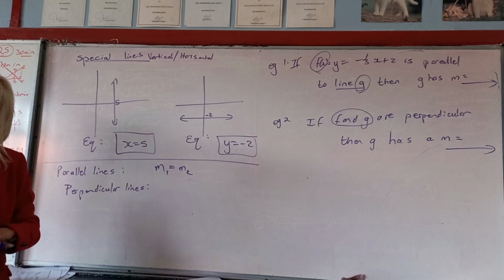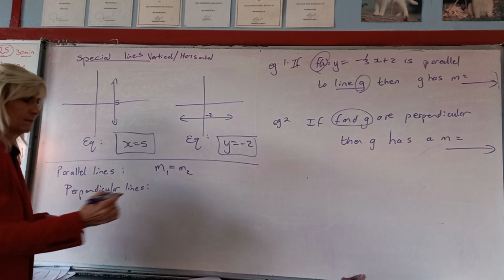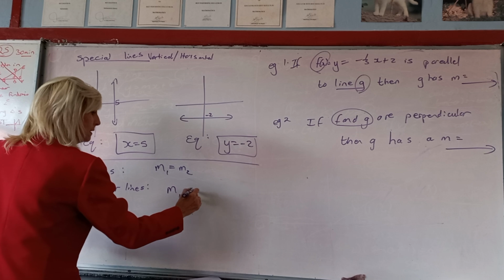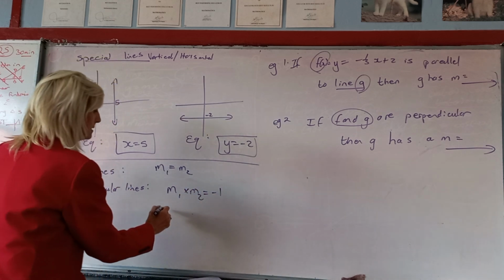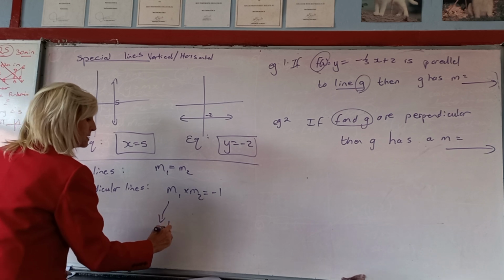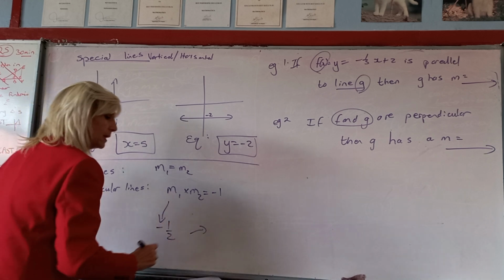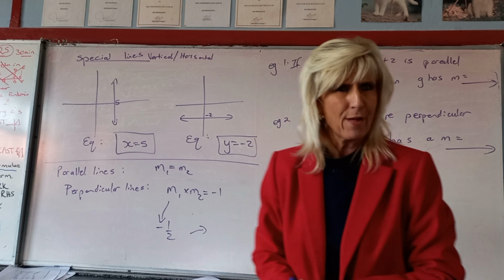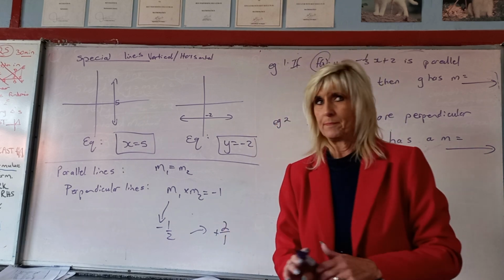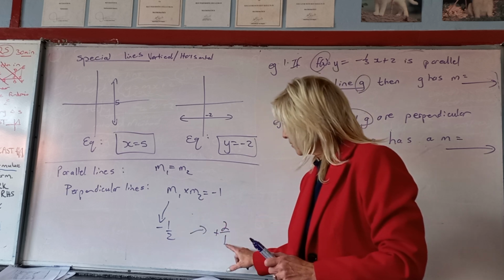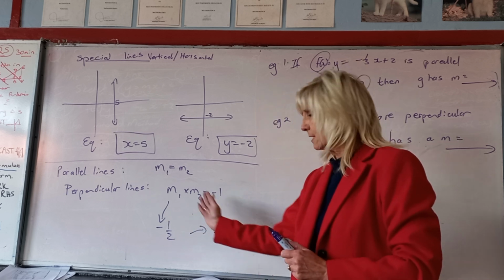And if they are perpendicular, gradient times gradient equals, from last year, what does it mean? So if the one gradient is like minus a half, then the other gradient will be positive 2 over 1. Because remember, when you times them, they've got to give you minus 1, so they've got to cancel out.